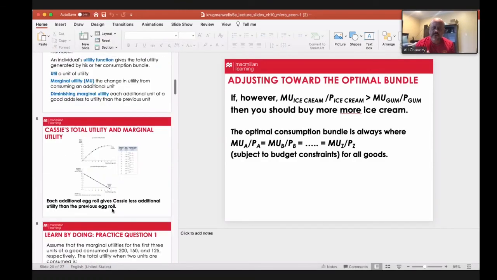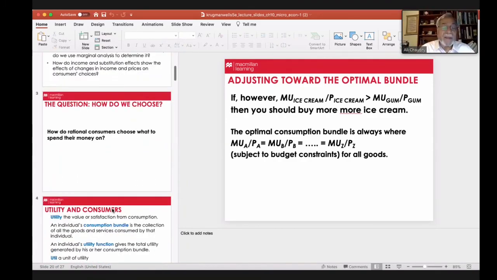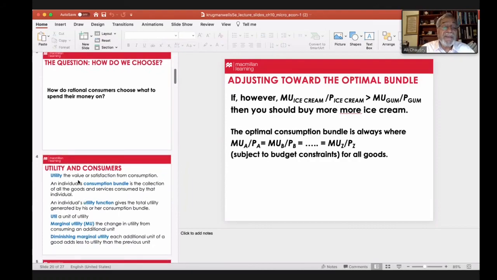Yes. From consuming something. Economists like to use the term utility for the value of our satisfaction from consuming something. Well, that satisfaction is very subjective, right? But economists like to quantify things, so we have to take a number.